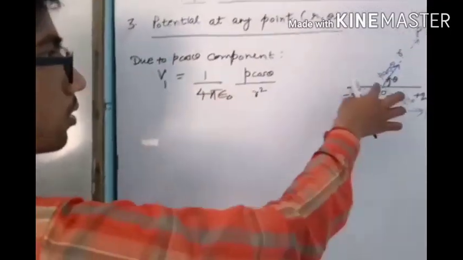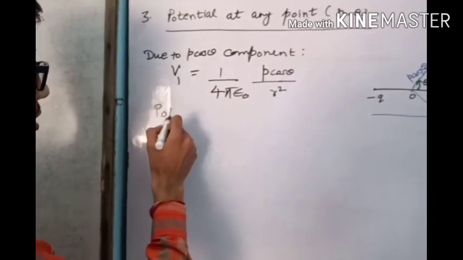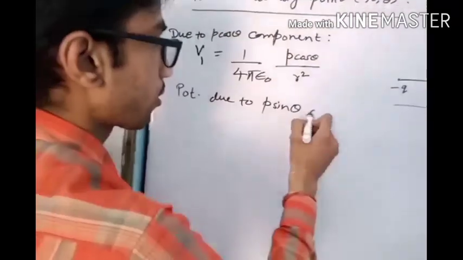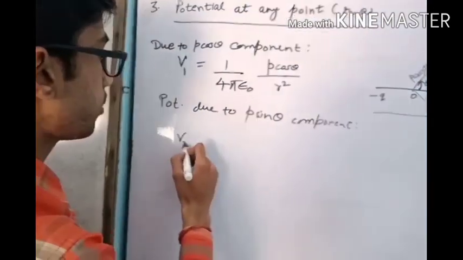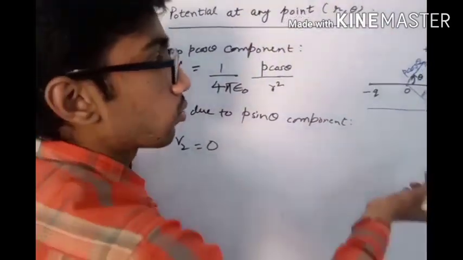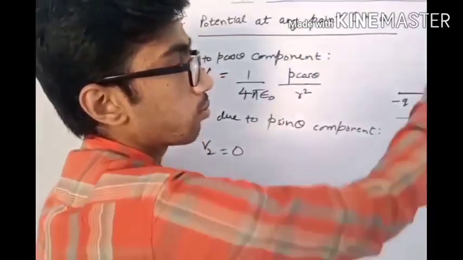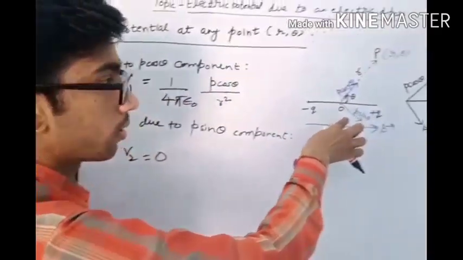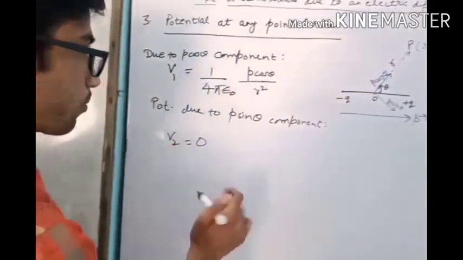This is the potential due to this component, and the potential due to the P sin theta component will be simply 0 because it is perpendicular. For P sin theta, this is the equatorial direction, so point P falls in the equatorial plane, and the potential at point P due to this component will be 0.